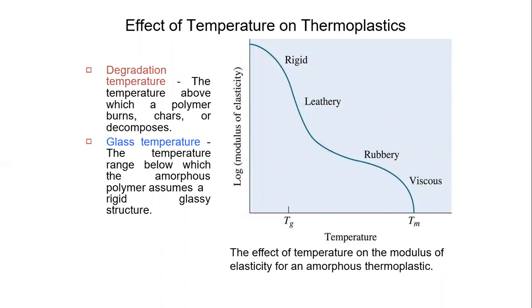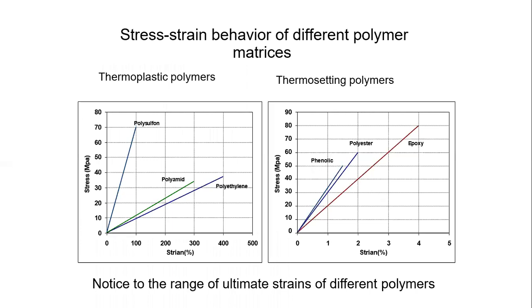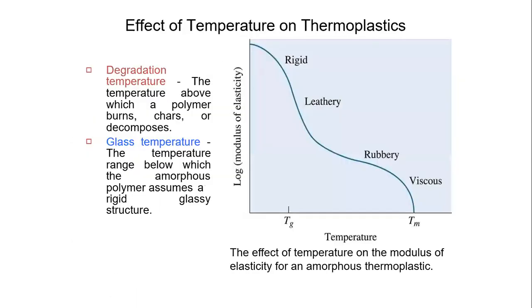Next, effect of temperature on thermoplastics. We have already studied that there are two types of temperatures: first one is the degradation temperature and second one is the glass temperature. You can see it in the picture. The temperature above which a polymer burns, scatters or decomposes is known as the degradation temperature.